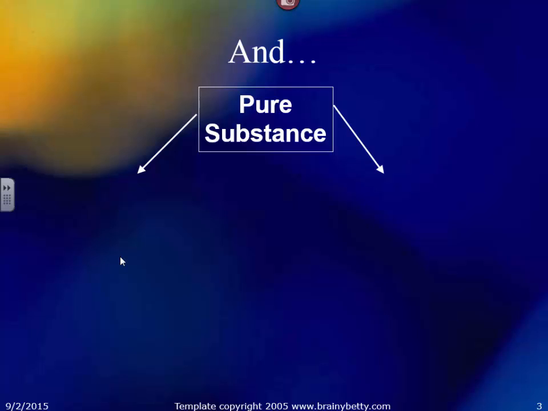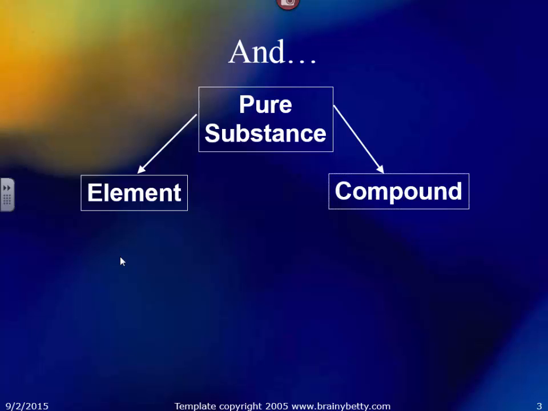After we did those two main categories yesterday, we took each of those two categories and we broke them down even further. And we said that a pure substance could be made of either an element or a compound.